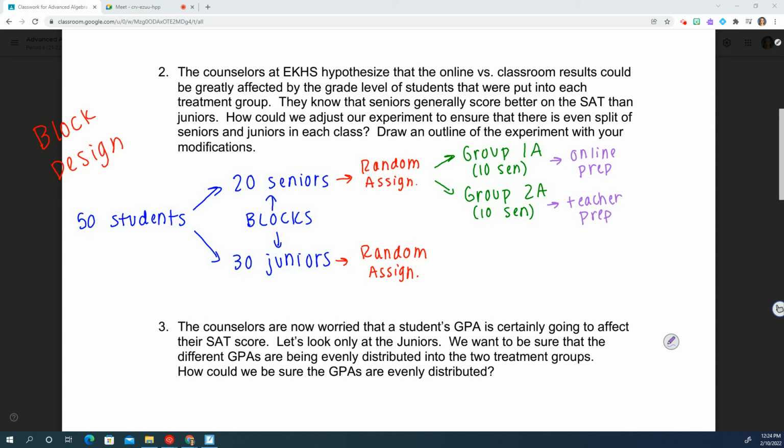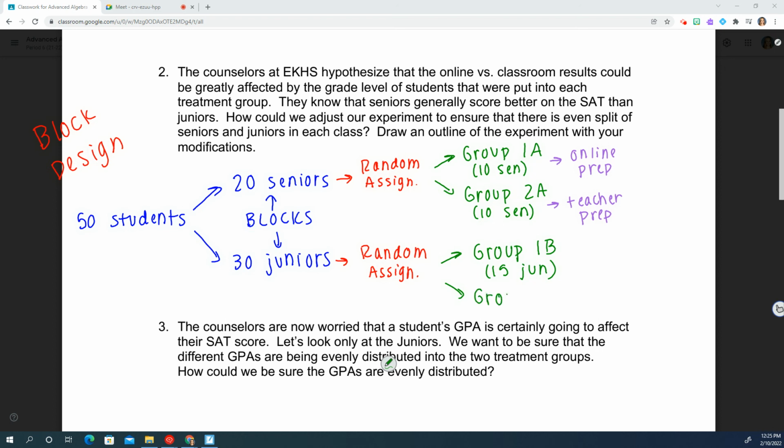Okay, and then we'll do the same for our juniors. Randomly assign 2 groups. So we'll say group 1B. Since I have 30 juniors, there's going to be roughly 15 of them in each group, and that's okay. It's okay that there's a little bit more than the seniors.